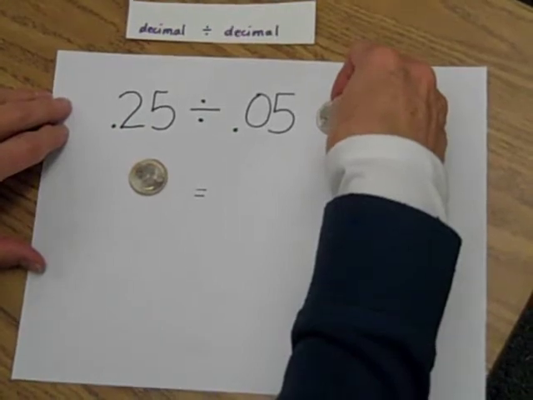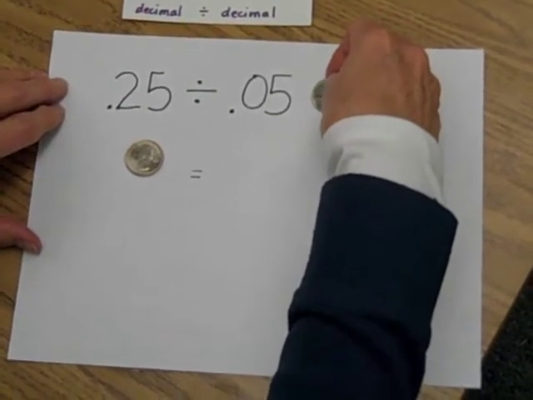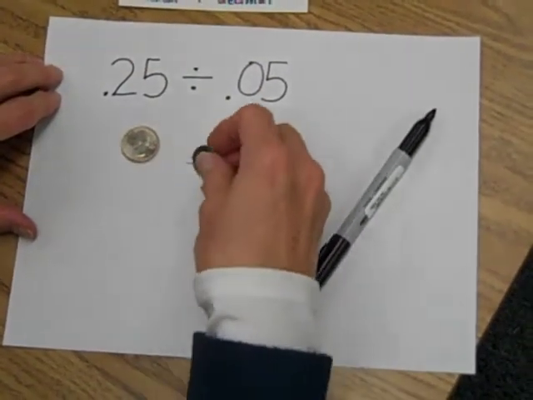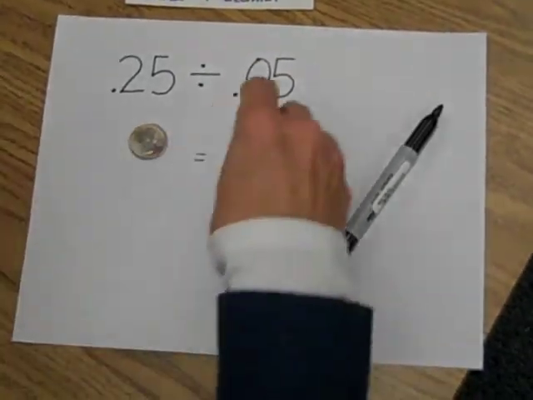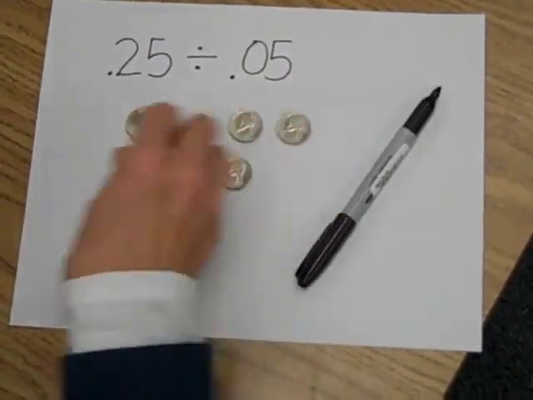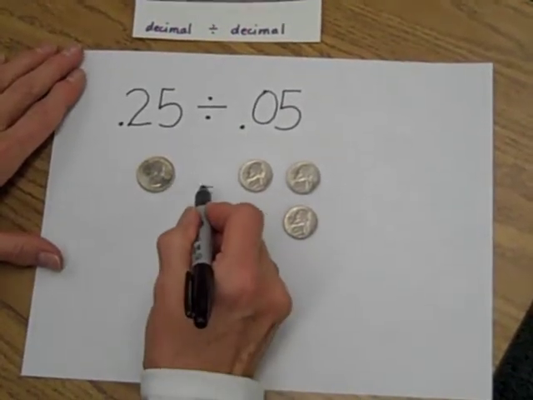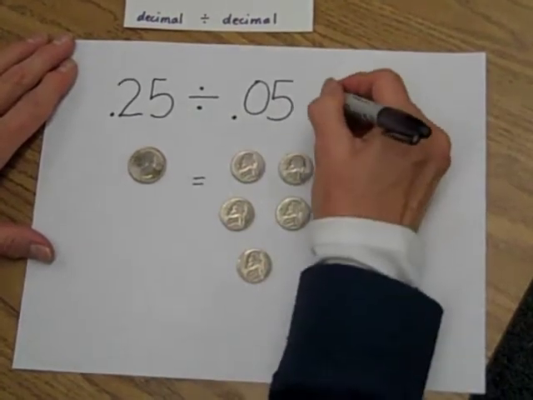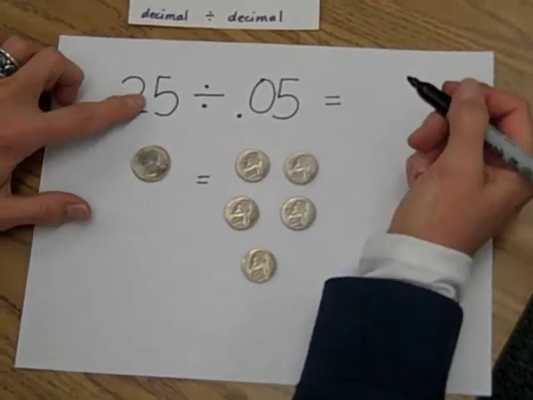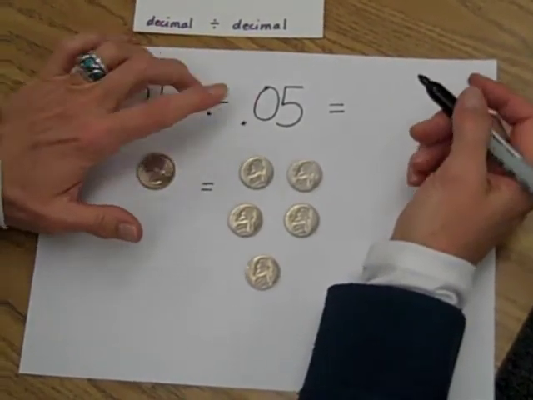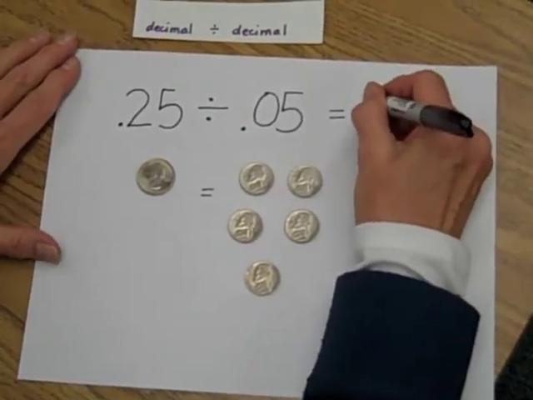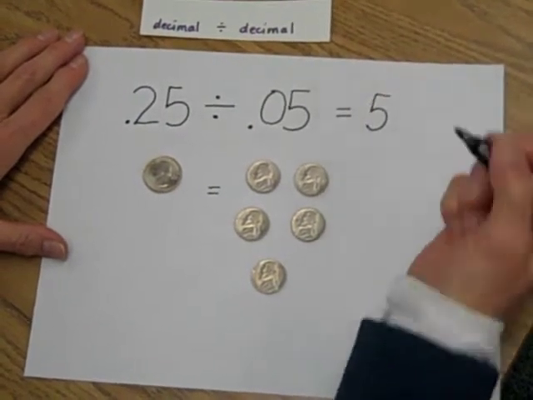So what we want to know is how many of these nickels are in a quarter. So we can see that there are 5 nickels equals 1 quarter. So we can say 25 hundredths divided by 5 hundredths is 5.